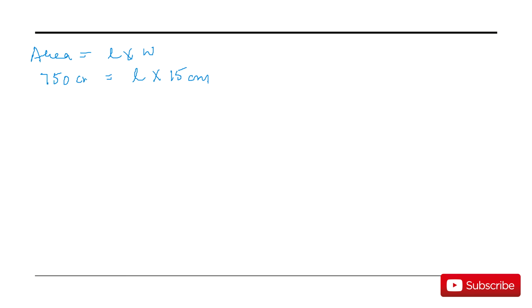So what I will do is 750 divided by 15, centimeter square upon centimeter is equal to length. Once I calculate this, I'm going to cancel one centimeter. Now I will find 750 divided by 15. What will I get? I will get 50 centimeters.